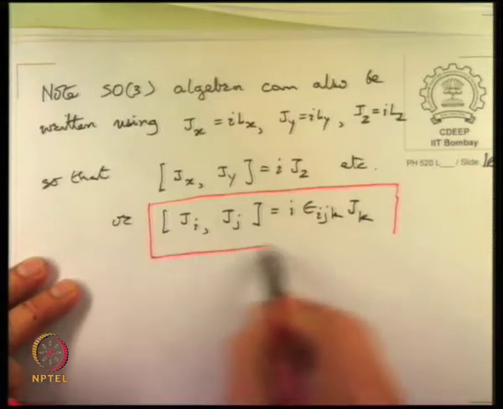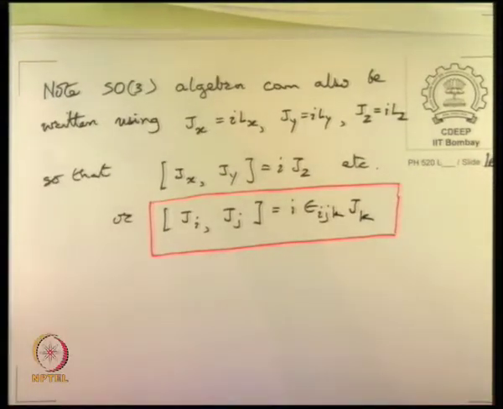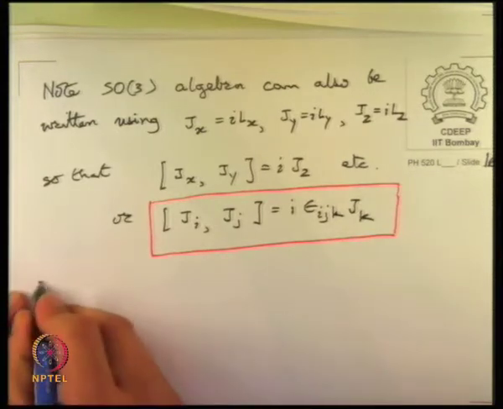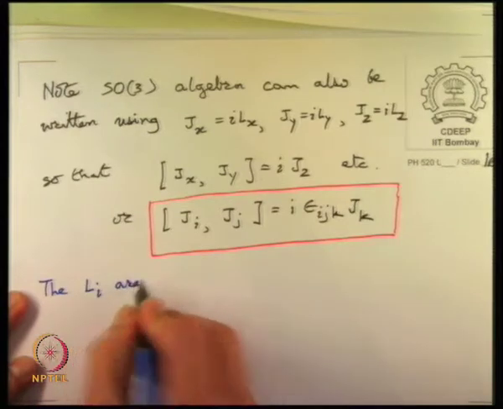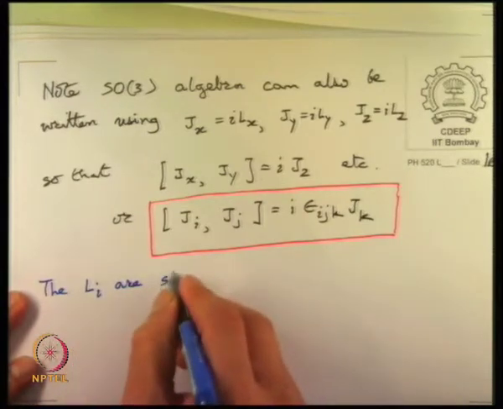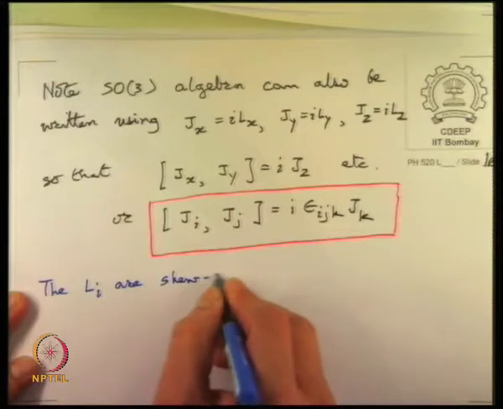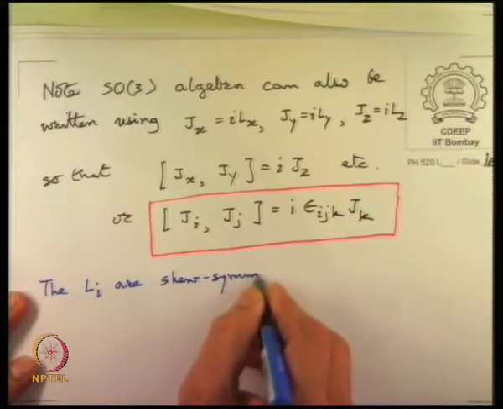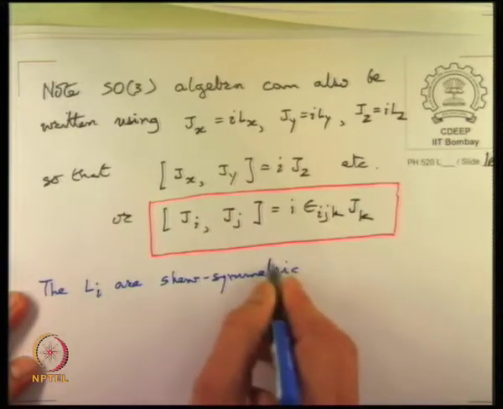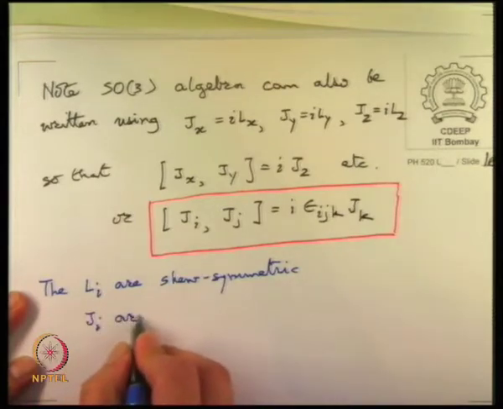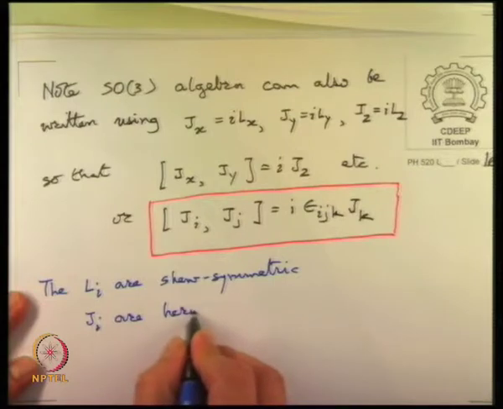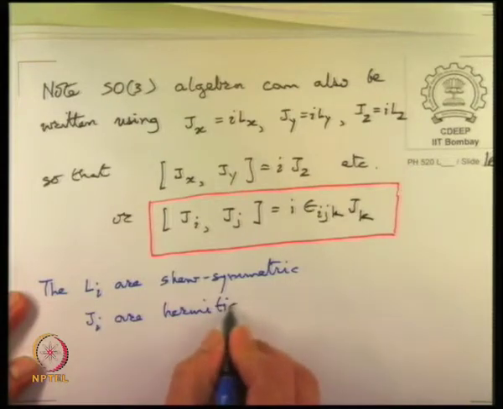It has certain advantages. So the Li are skew symmetric or anti-symmetric. But the good thing about the Ji is that they are Hermitian, right?